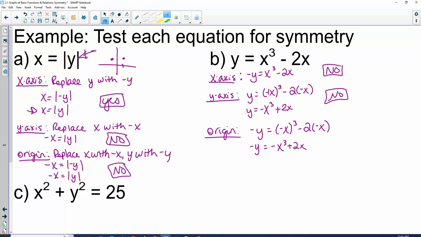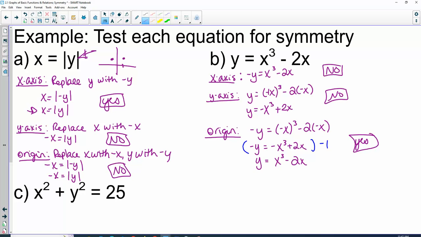If I take both sides times negative 1, I get positive y equals positive x cubed minus 2x. Is that the original equation? Yes. So this one is symmetric to the origin.